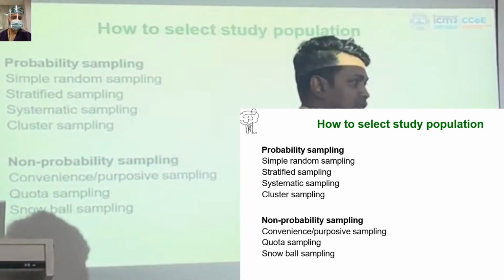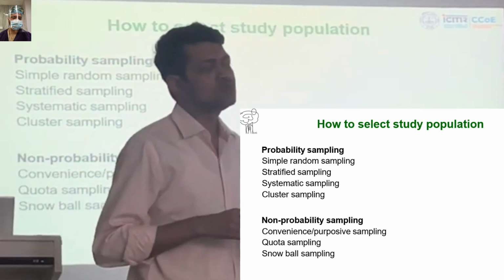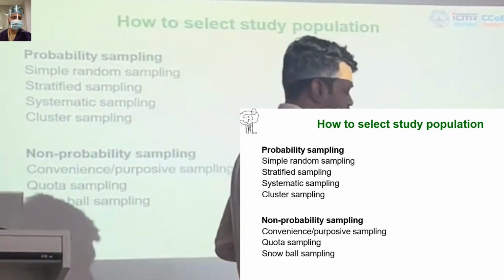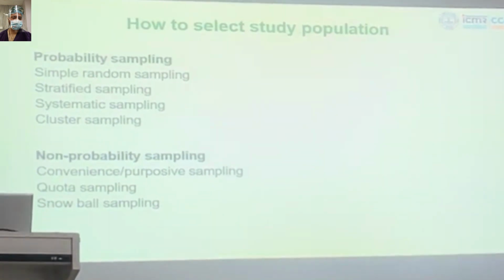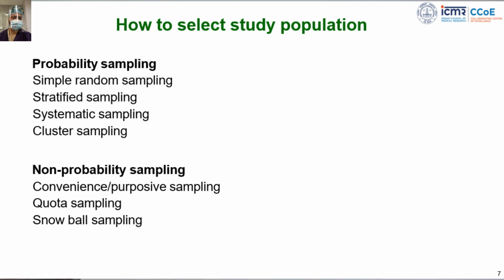Clear? Suppose in my research question I am thinking of prevalence, prevalence of some disease or condition, but I want to have this information separately in diabetic and non-diabetic, for example. So that risk factor you can stratify.